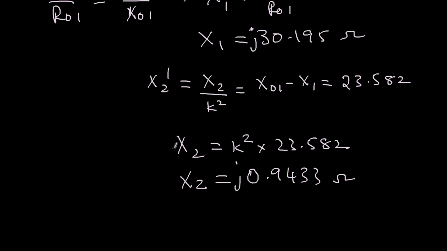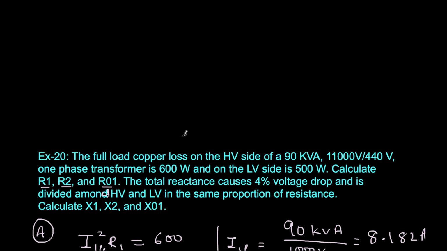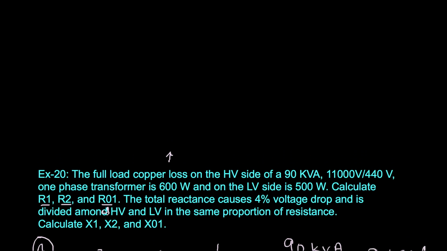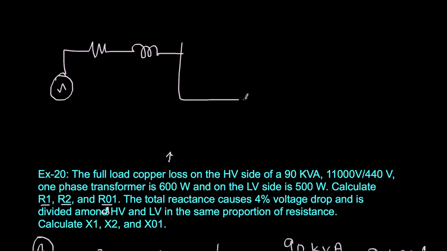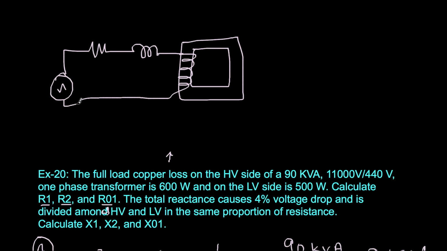Since I have everything, let me draw it as an equivalent circuit, or just display it in the form of a circuit. I have voltage, then resistance, inductance, then a transformer here, then the secondary side, again resistance and inductance.